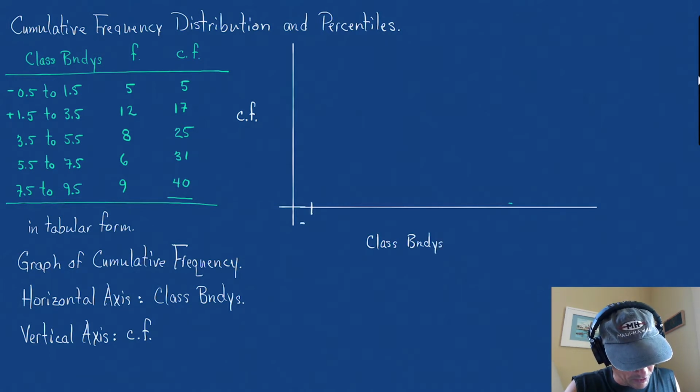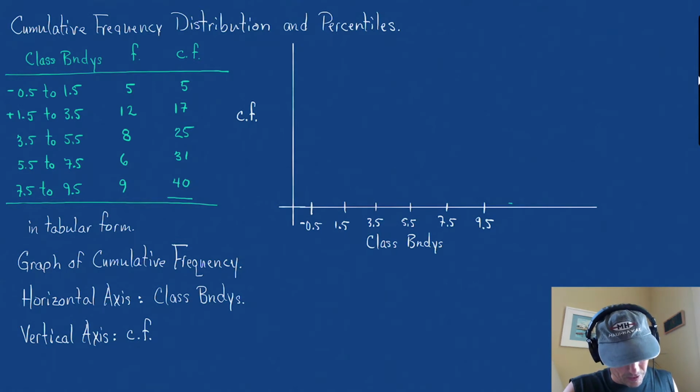Our class boundaries are negative 0.5, we have 1.5, 3.5, 5.5, 7.5, and finally 9.5. And I might use the rest of that in a little bit.